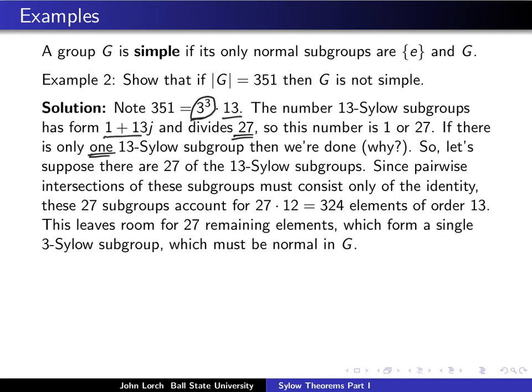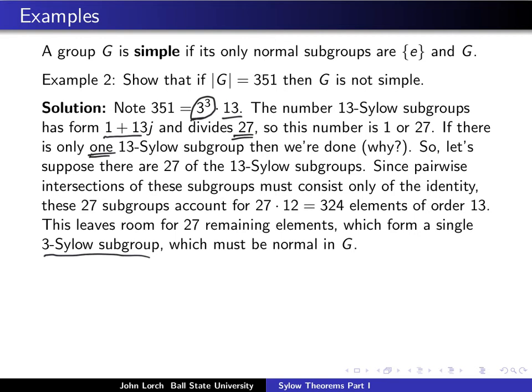So now, once those have been removed from the picture, we know our group has order 351. So there must be then 27 remaining elements. And these must form a subgroup, which in fact is a 3 Sylow subgroup, right? Because 27 is the largest power of 3 that divides the order of the group.